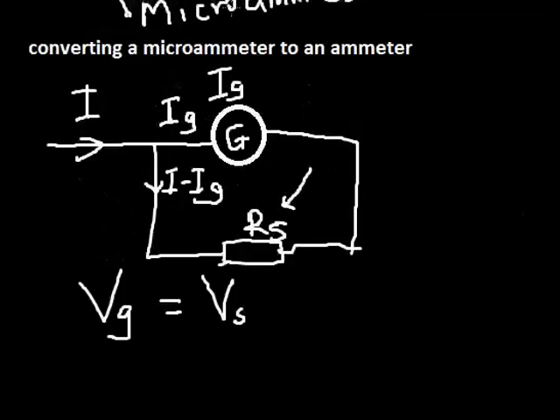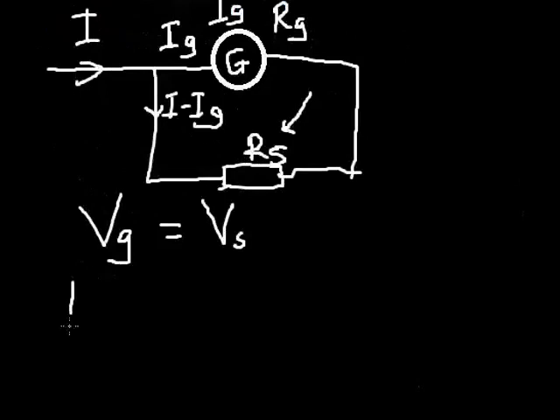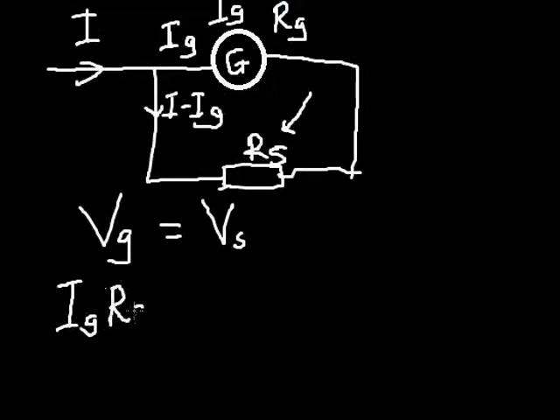Let's say this galvanometer has an internal resistance of Rg. So the voltage of the galvanometer is Ig Rg, which is equal to the voltage of the shunt. The current of the shunt is I minus Ig.